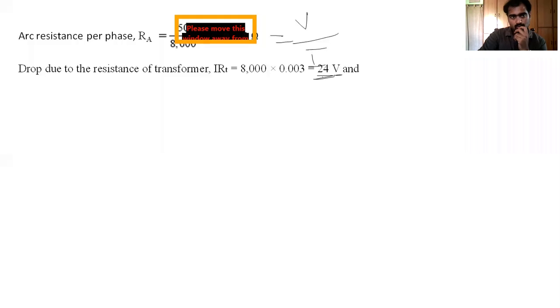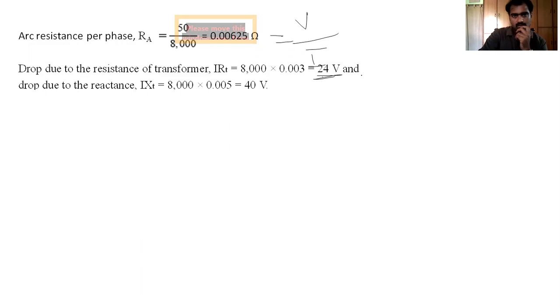And the drop due to the reactance of the transformer is I into XT, that is 8000 into 0.005. That is 40 volts.